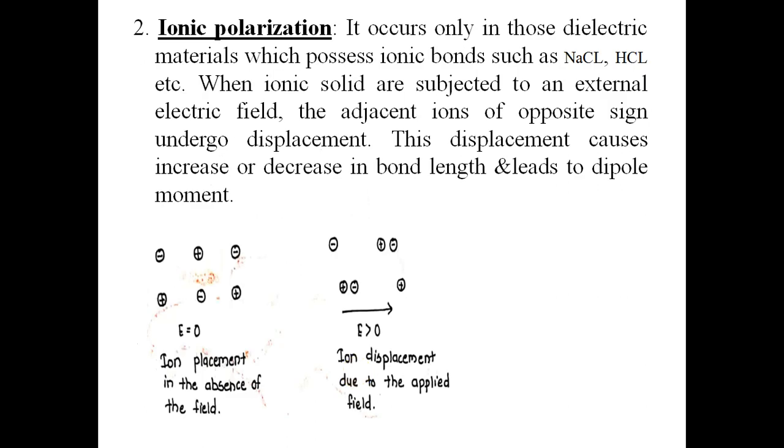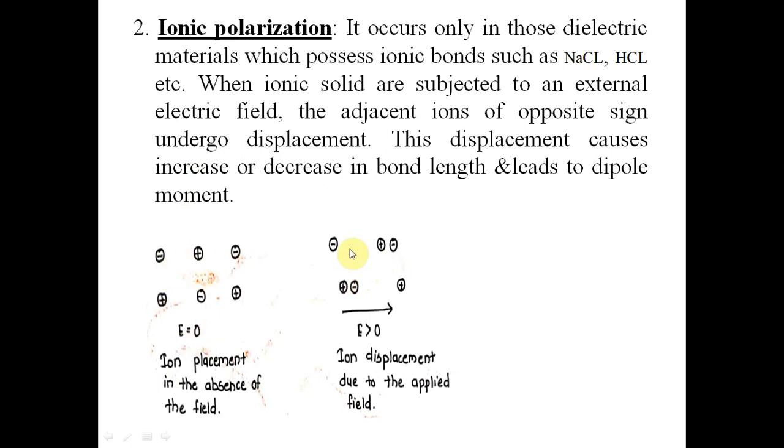The second one is ionic polarization. Similarly, in the first diagram E equal to 0 and after that the electric field is applied. Ionic polarization occurs only in ionic bonds such as NaCl, HCl, etc. When these ionic solids are subjected to an external electric field, the negative and positive ions undergo displacement.